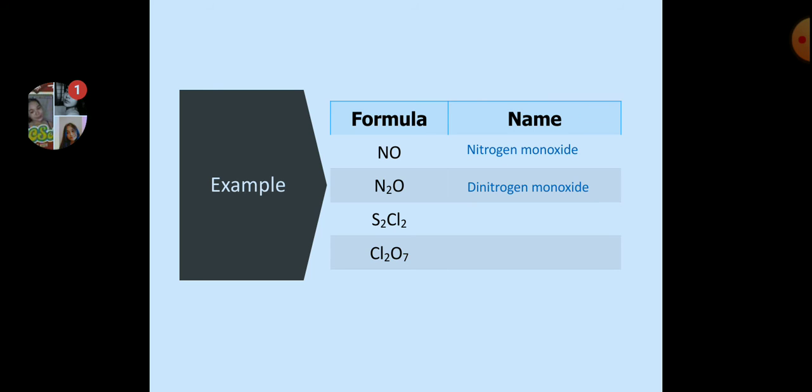Next, S2Cl2. There are two of each, and 2 is di. So, this is disulfur dichloride.